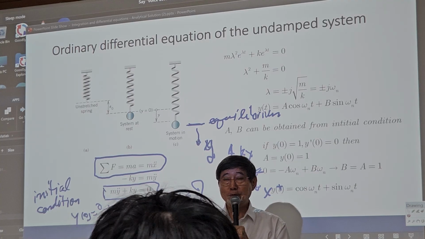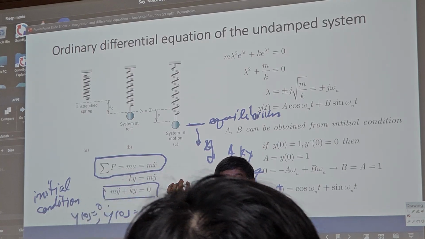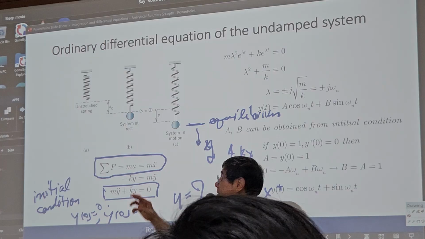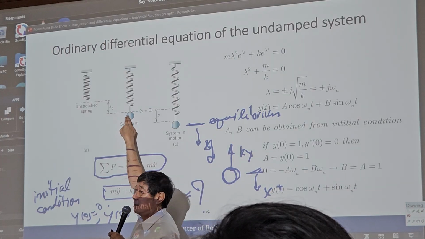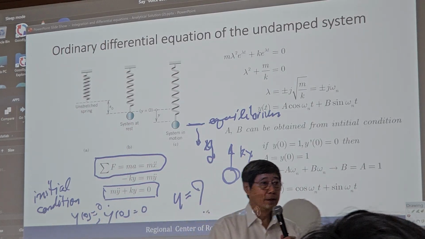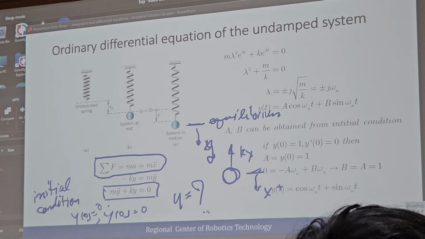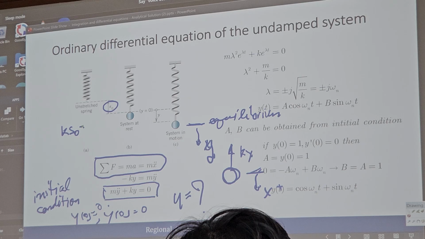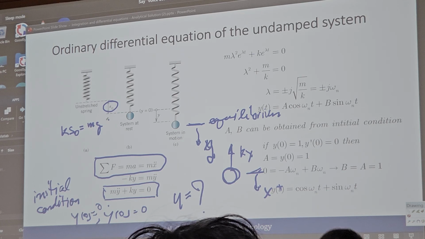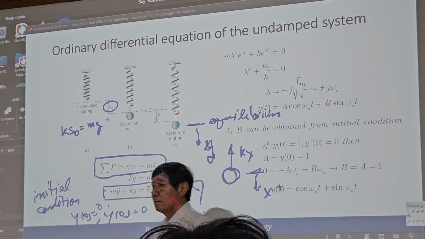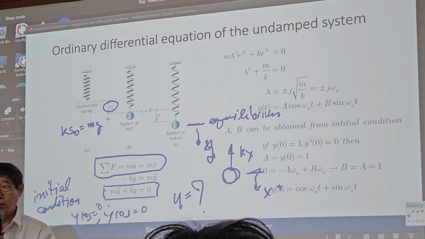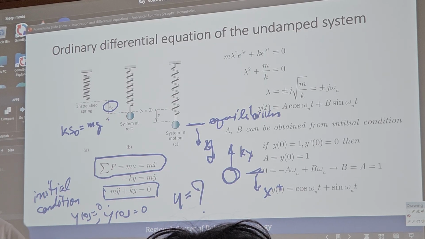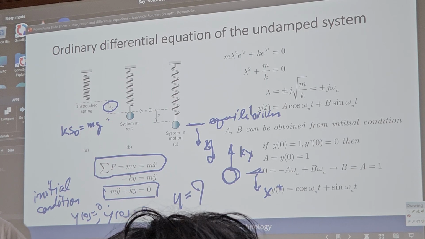If you attach a mass and it drops down to this position, then actually k s0 equals mg.